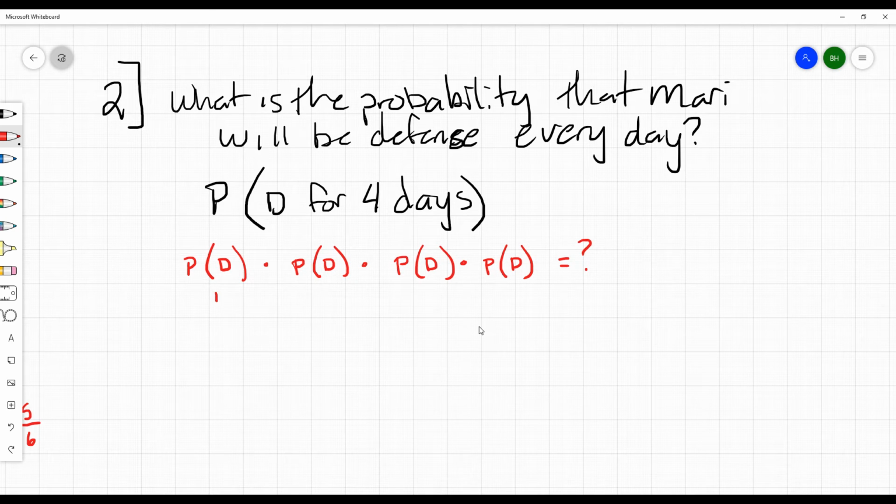And in the problem, it says she has a 1 out of 6 chance each and every day. So we're going to multiply these probabilities together. We multiply the tops of each fraction: 1 times 1 times 1 times 1, which is 1. And then we multiply the bottoms together: 6 times 6 is 36, times 6 is 216, times 6 again is 1,296.